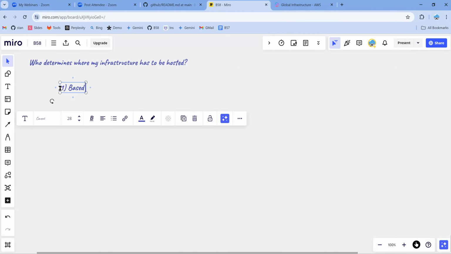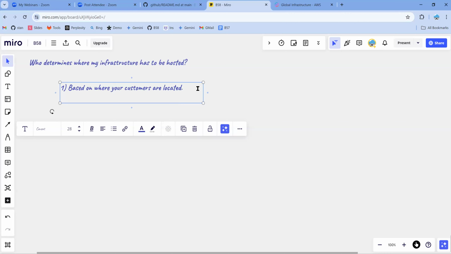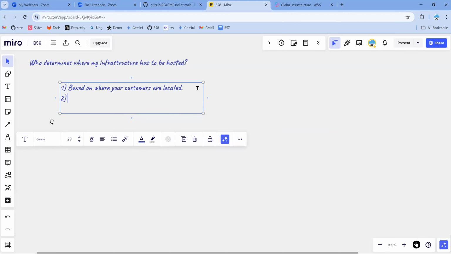Based on where your customers are located. And you're using IT just because you're making money. That's the idea behind it, right? Second thing, based on the law of the land and data policies.